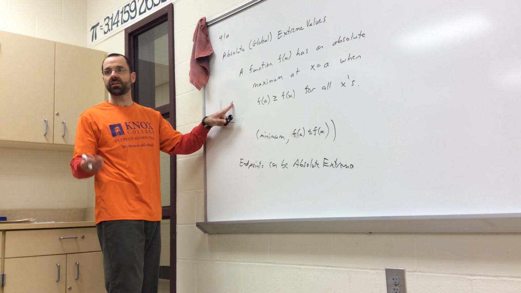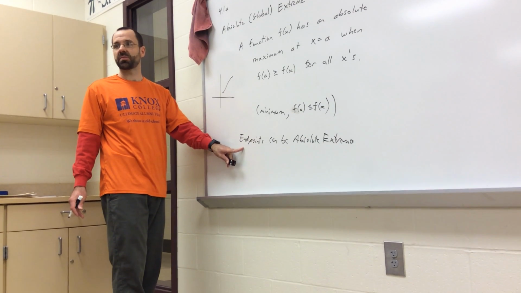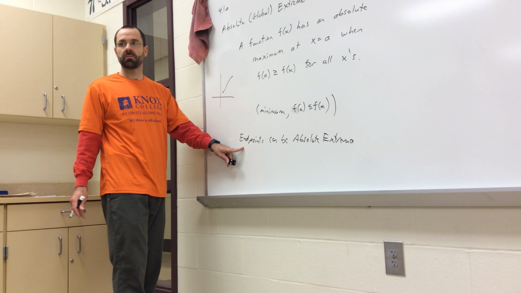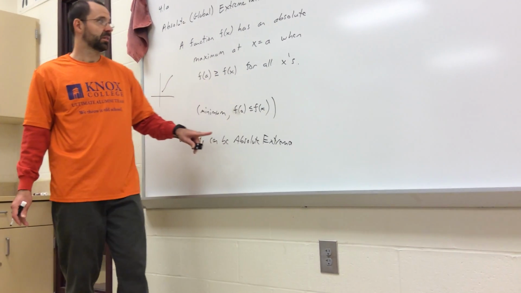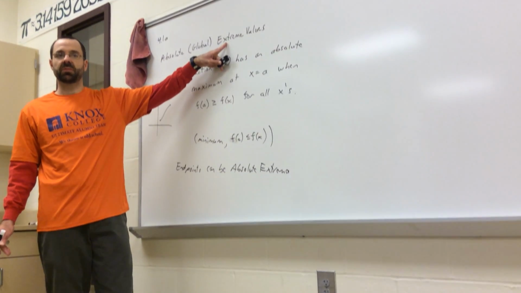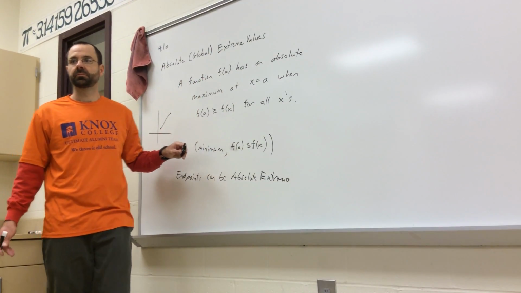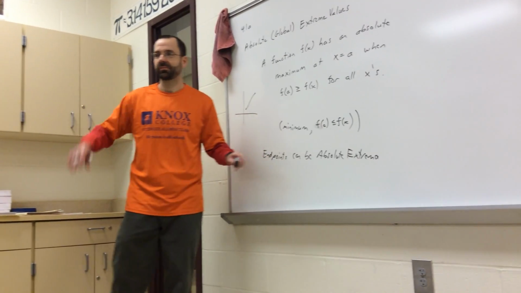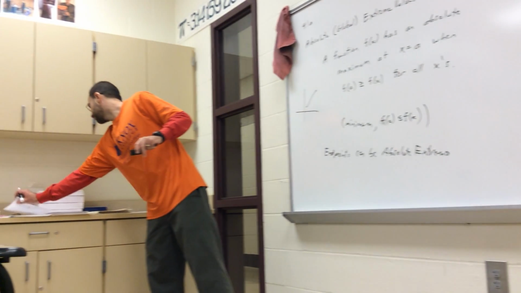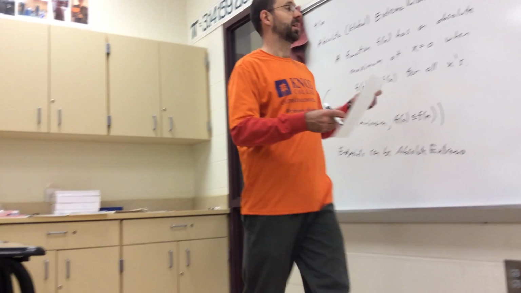It's on the end. So endpoints can be absolute maxes and absolute mins. The word extrema is just the plural of extreme. So it means could be a max or a min. It's the Latin plural and still has survived in the math community. Okay, so those are absolute max and absolute mins.